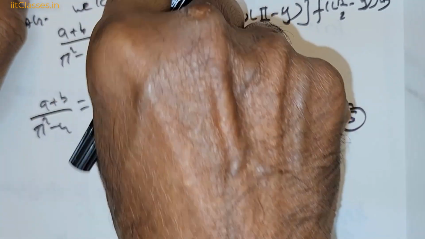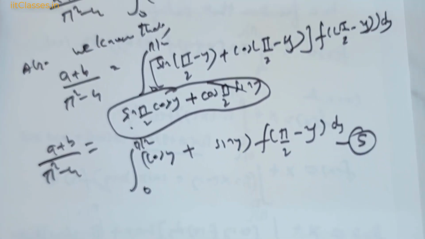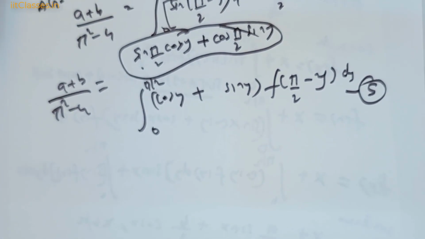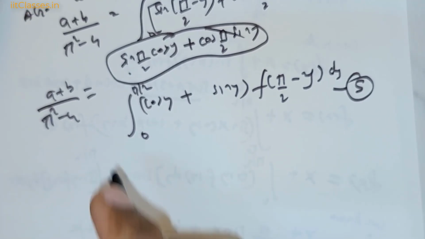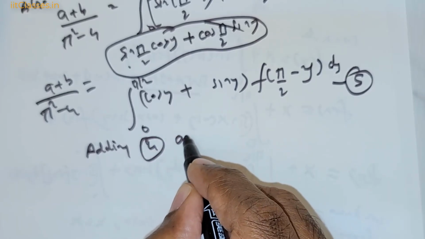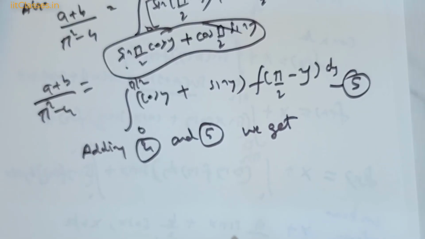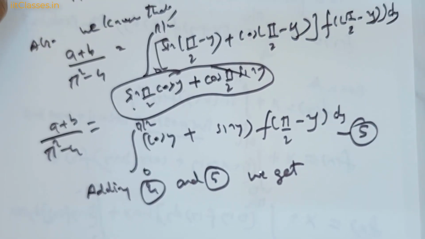Now I add these two together, adding 4 and 5.